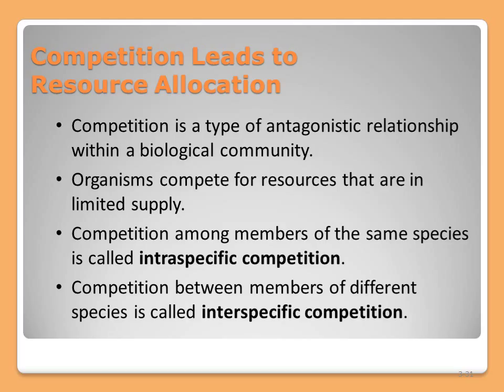That's intraspecific competition. If there's competition between members of different species, for example, let's say the rabbit and the fox were both trying to get enough water to drink, then they would call that interspecific competition. So that's competition between two different species, the fox and the rabbit.